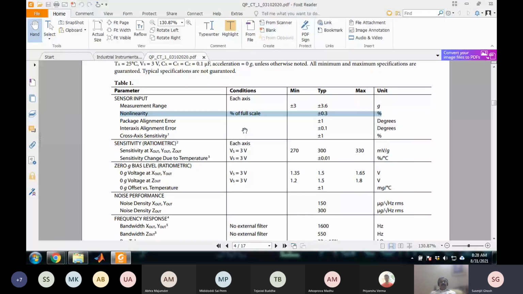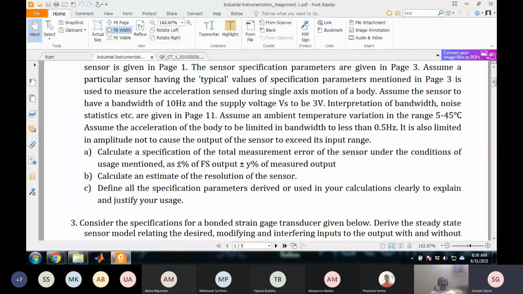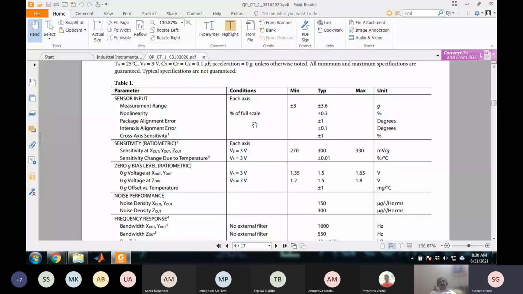In problem number A, it is mentioned that we have to find this error with x% of full scale output and y% of measured output. So the error has two components. One is a fixed error, specified with respect to full scale, and another error is specified in terms of the measured input.